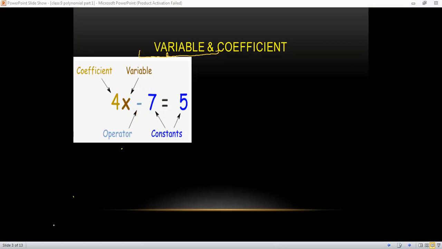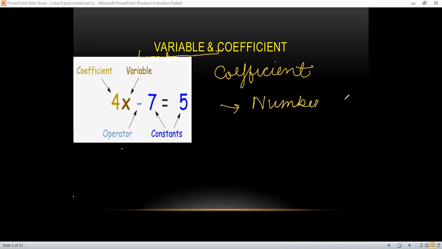Now, what is coefficient that I have defined? Coefficient we define as a number with variable.